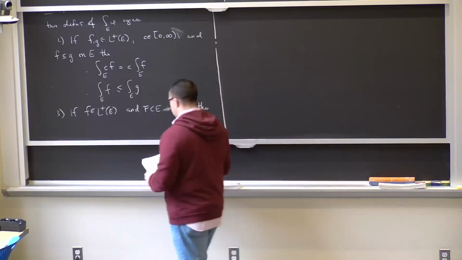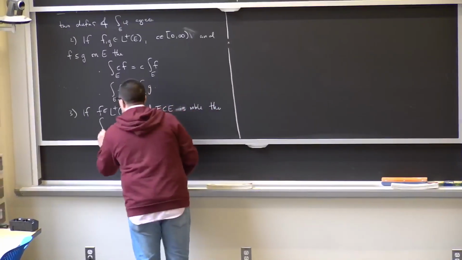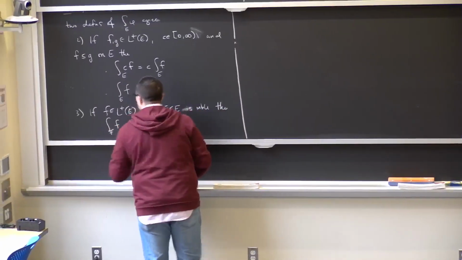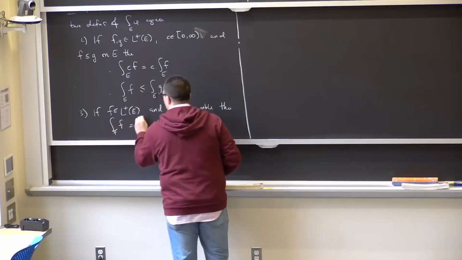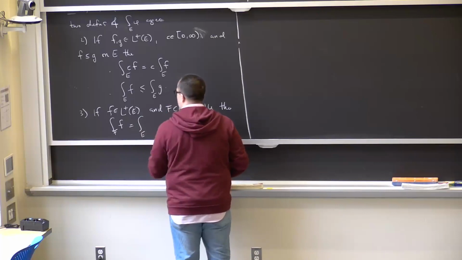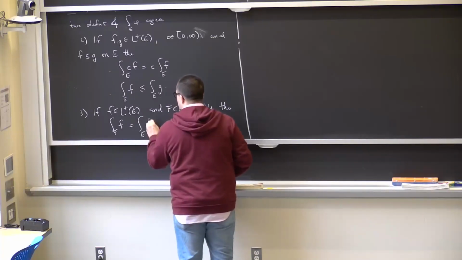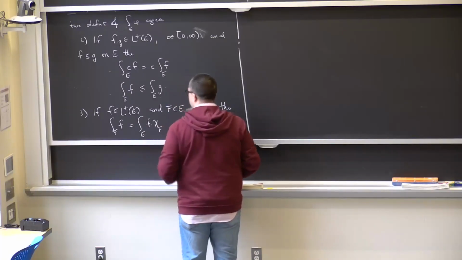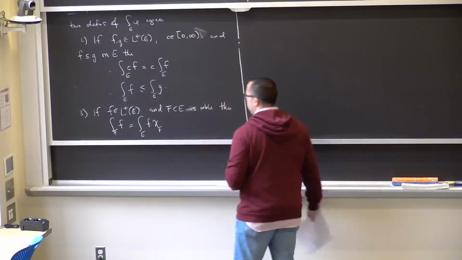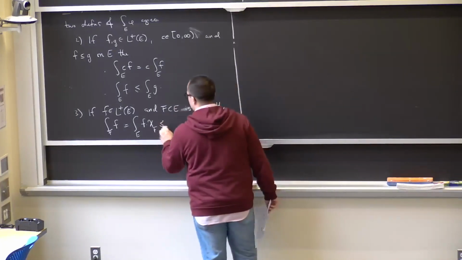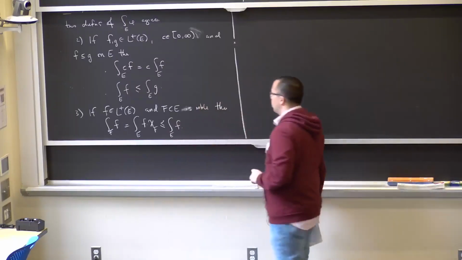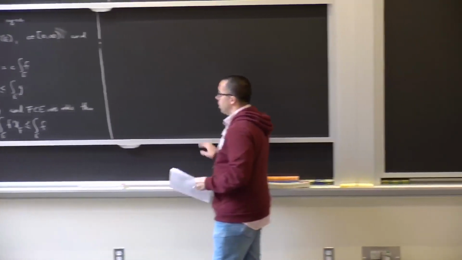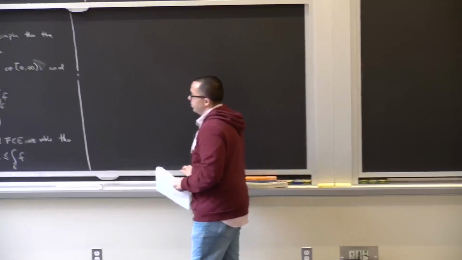So what I'm about to say makes sense. Then the integral of little f over capital F is equal to the integral over E of little f times the indicator function of F, which is less than or equal to the integral over E of little f. Okay?